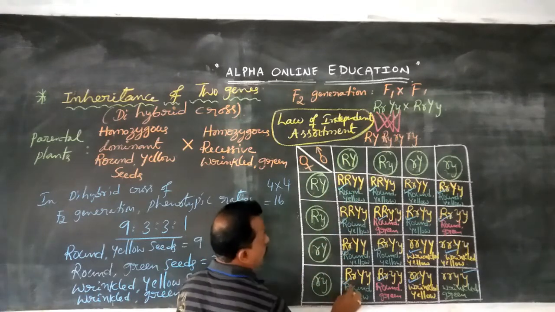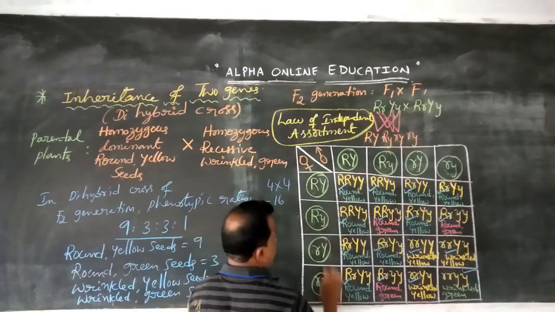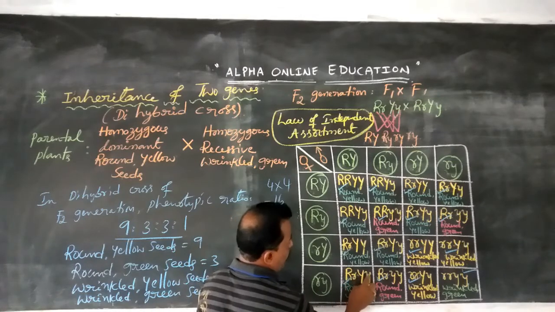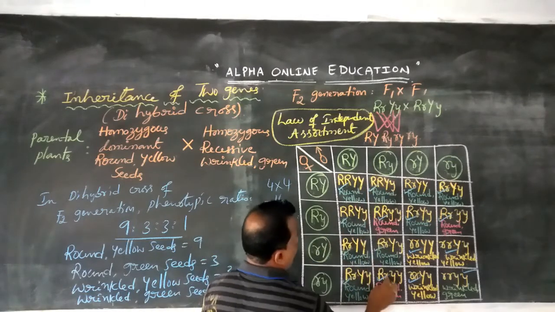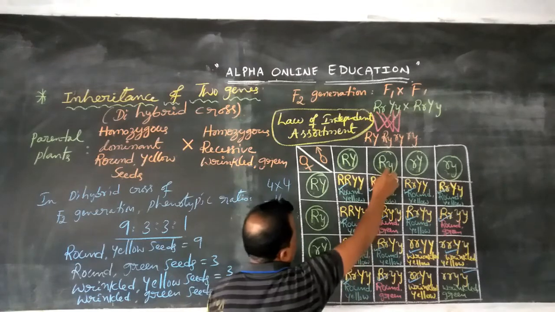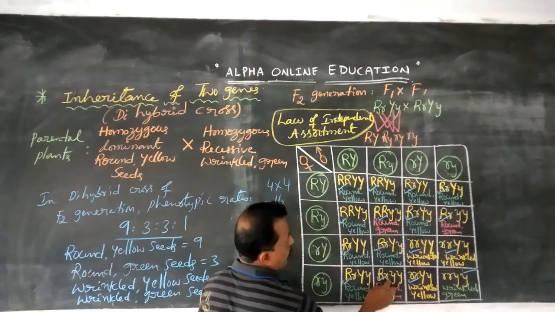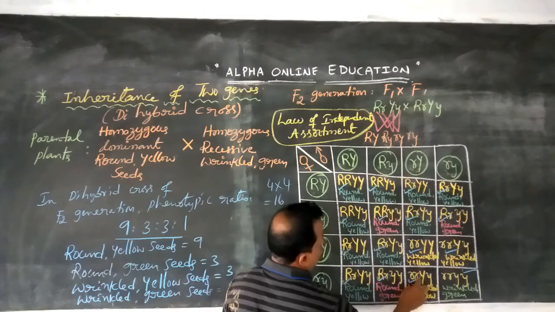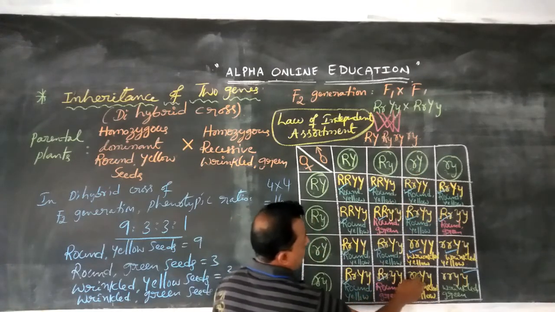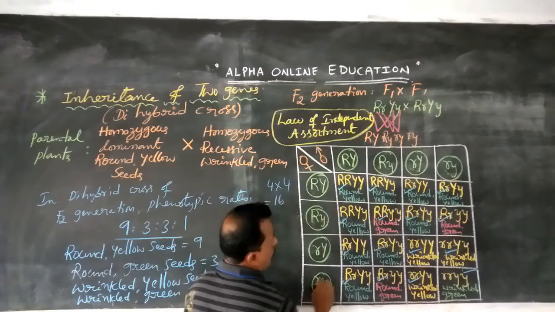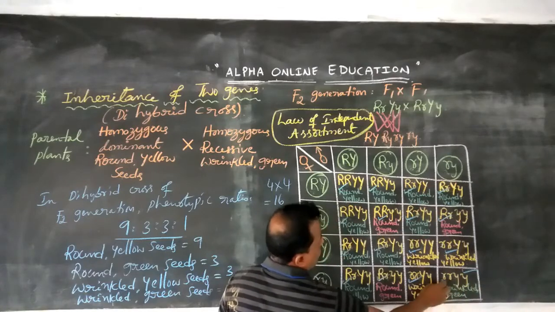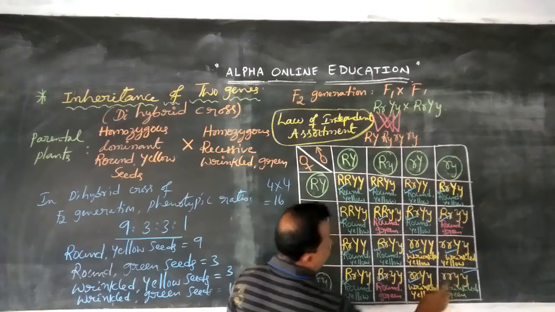Small r crosses with capital R, and small y crosses with capital Y, so the genotype is RrYy. Next, small r crosses with capital R, and small y crosses with small y, so the genotype is Rryy. Next, small r crosses with small r, and small y crosses with capital Y, so the genotype is rrYy. Next, small r crosses with small r, and small y crosses with small y, so the genotype is rryy.